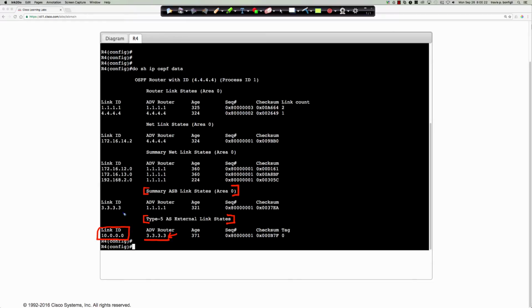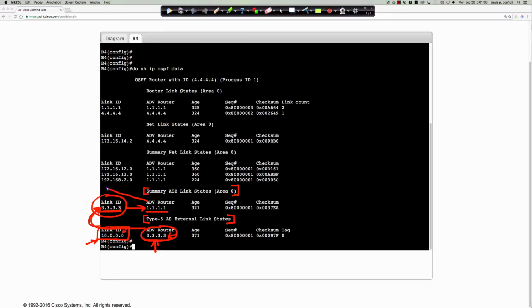And what we have happening here is routers that need to get to the 10.0.0.0 look at that type 5 LSA and say, oh, I need to get to 3.3.3.3, the router with the router ID 3.3.3.3. So then they do a recursive lookup and say, well, how do I get there? Because all they have is the router ID. They know the destination network, but all they have is the router ID. Well, they recursively look up the router ID in their link state database that says to get to 3.3.3.3, because that is the router ID, all I need to do is be able to get to 1.1.1.1.